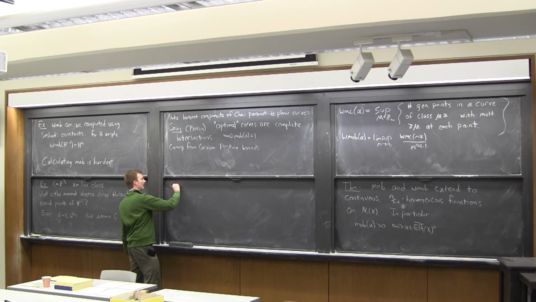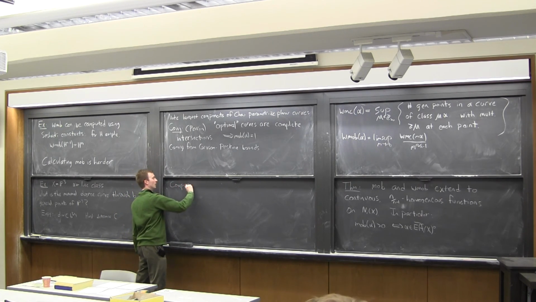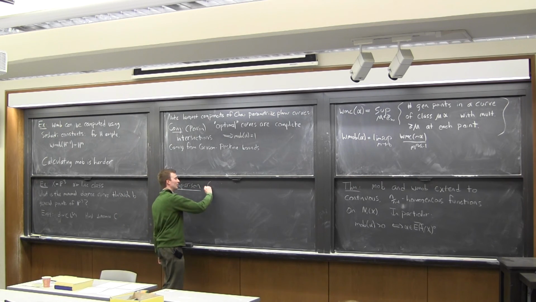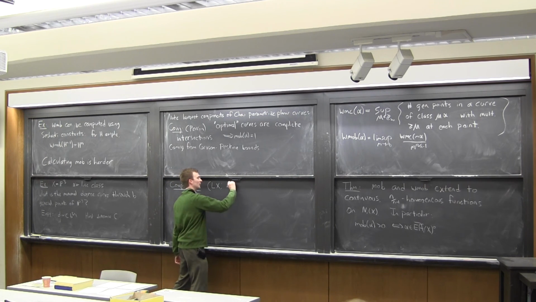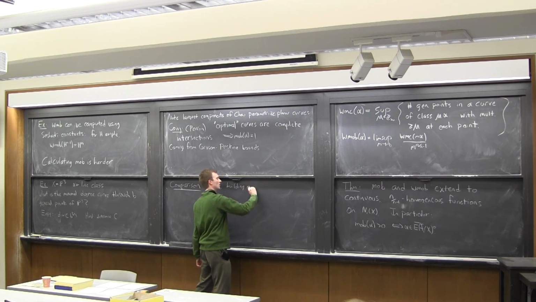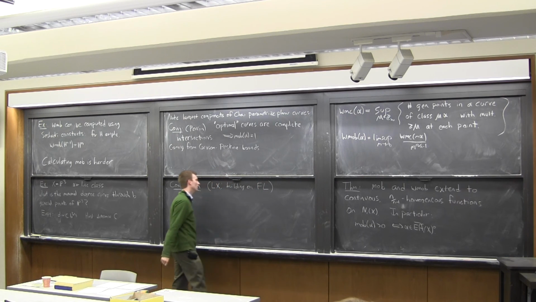Anyways, so now we have a couple different functions for curves floating around. So let's compare them. So again, this is joint work with Jian Xiao, and this is building on earlier work with Mihai Fulger.